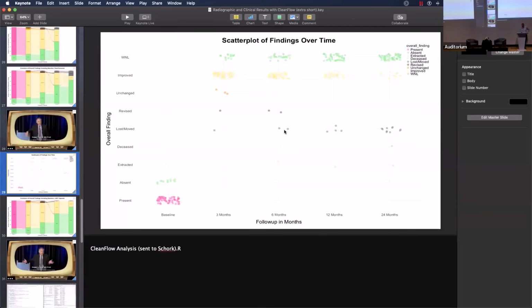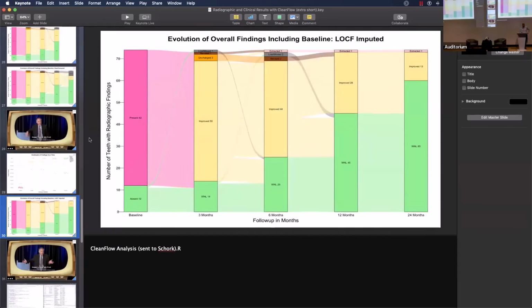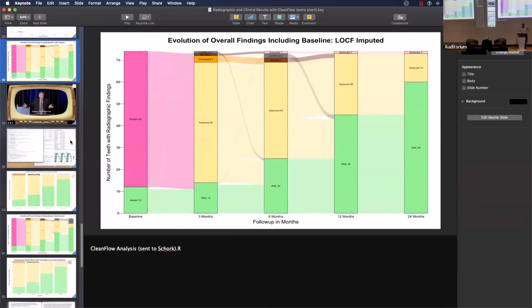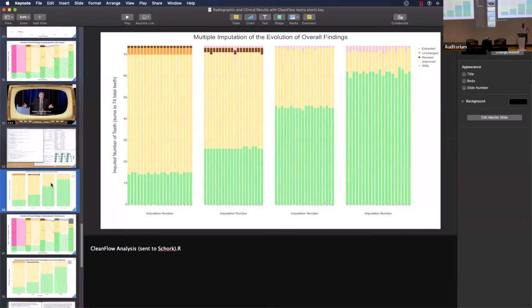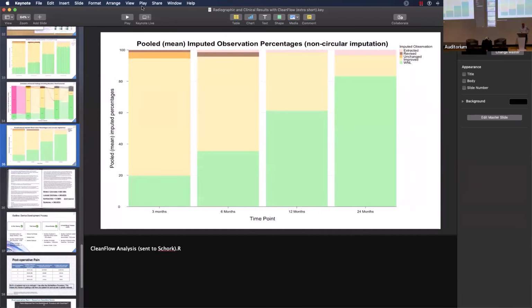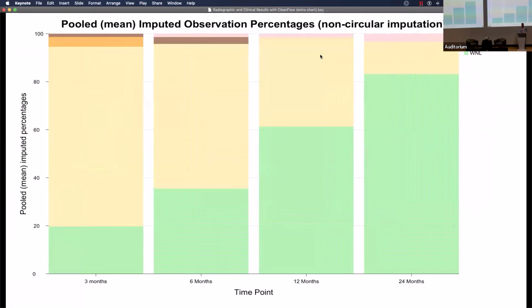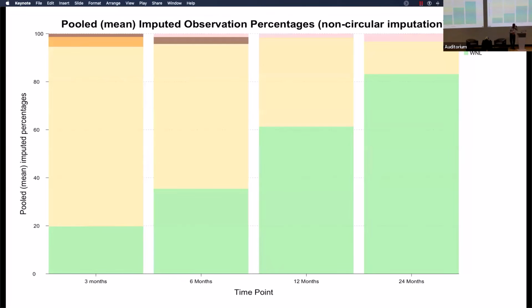Here's what it looked like over time in terms of lost to follow-up. And then here's actually what it looks like when you do what's called a multiple imputation on the data. Over the time periods we observed, 3 months, 6 months, 12 months, and 1 year.